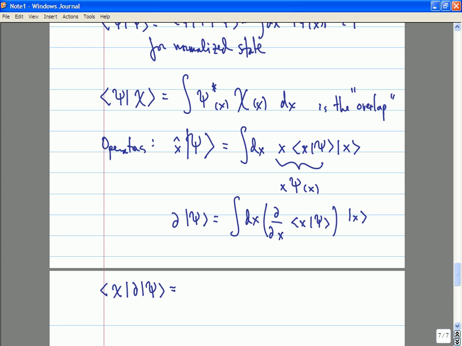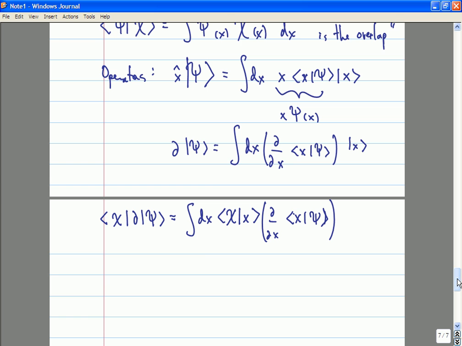So then by definition, this is the integral dx of the wave function for the bra chi times the derivative d by dx of the wave function for the state psi, that we can then integrate by parts to obtain minus the integral dx of d by dx of chi of x times psi of x.